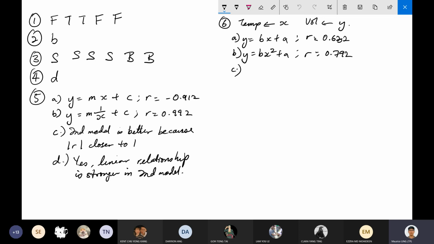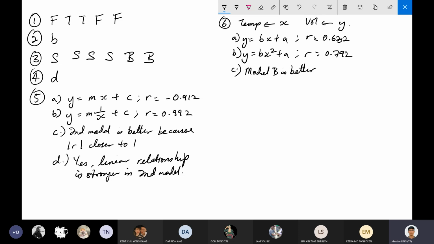I don't know how to do this question. Okay, a model is better when the correlation coefficient is higher or lower? That means the absolute value is closer to 1. That is a better model. So which model is better, A or B? B. Yeah. Okay, model B is better.